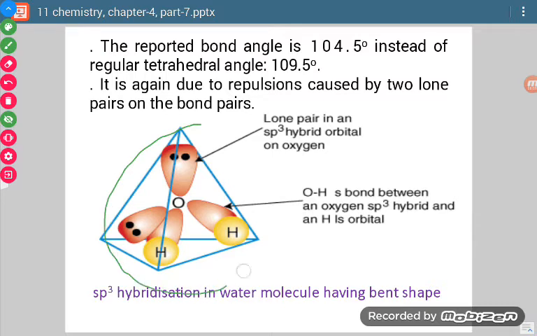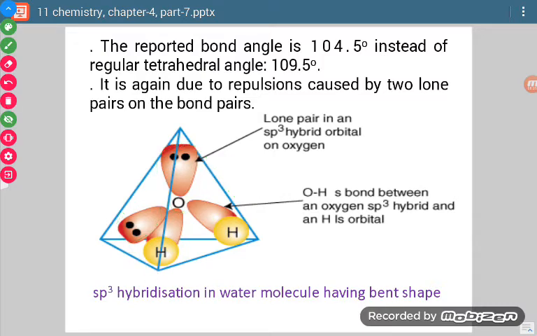This is the geometry which is according to the total number of electron pairs or total number of hybridized orbitals. But since these are lone pairs, there is no atom on this side, so tetrahedral will not be the geometry. These electrons will be with the atom itself, and they will be repelling these bond pairs with more force.